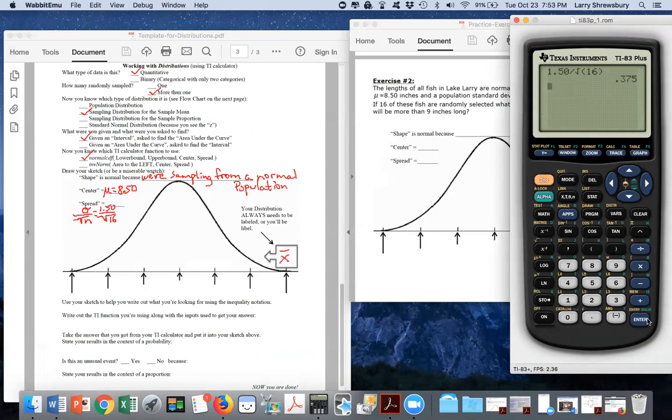And that means that typically a sample mean is only going to be off by 0.375 of an inch when it's estimating the population. Typically, that's how close a sample mean will be to the population mean it's estimating. Wow, that's pretty close. Well, let's get this written down.